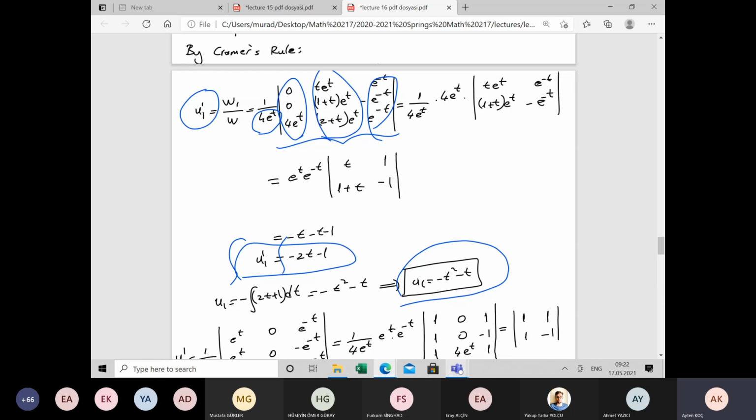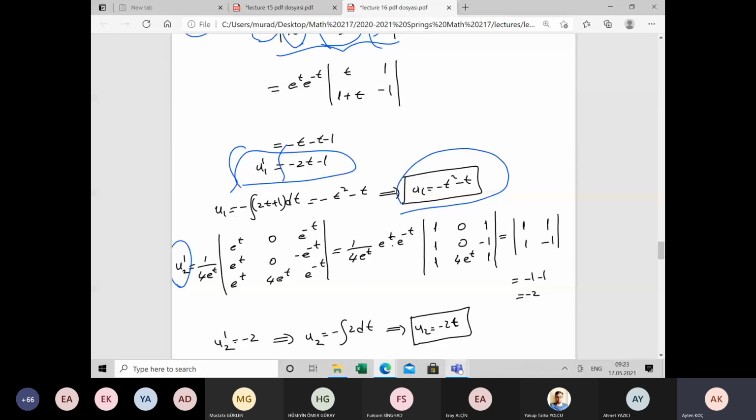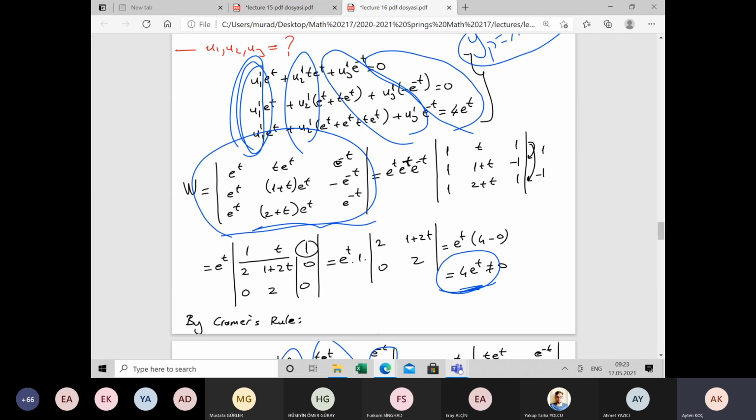Now let's find the second unknown, u2 prime. It is 1 over the Wronskian, and our aim is to find the second unknown, so the second column will be the right side.